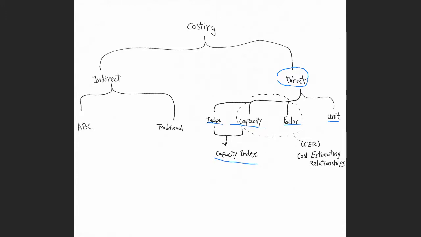Today we covered the indirect method using the traditional allocation method or activity-based costing method, and by this we covered the second part of the costing for Chapter 15.